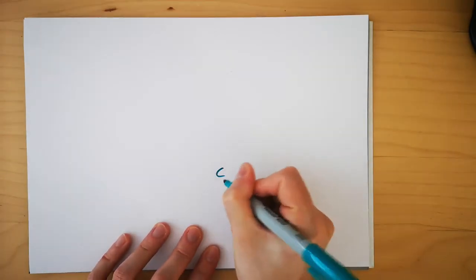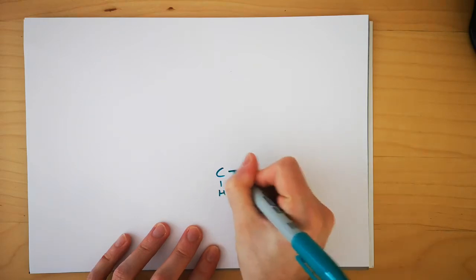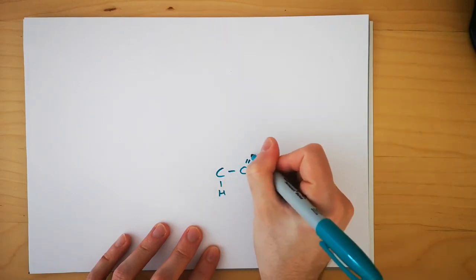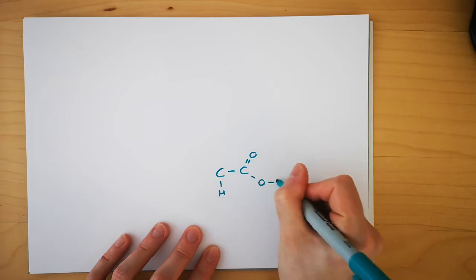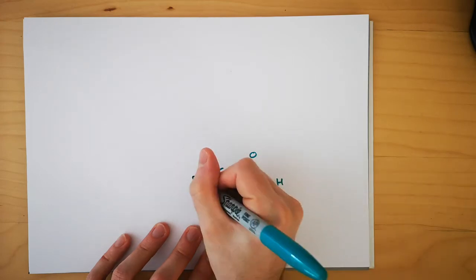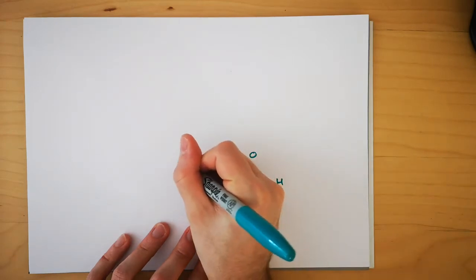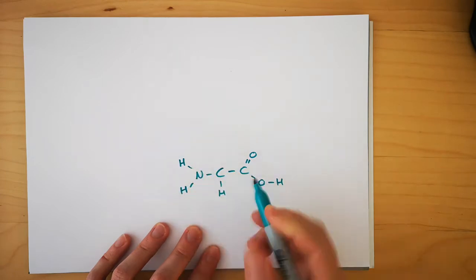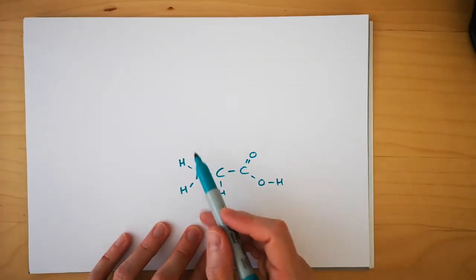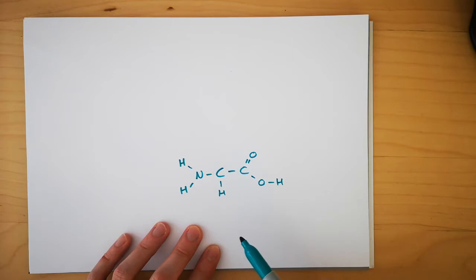So I'm going to start with my central carbon and put a hydrogen there. I'm going to put my carboxyl functional group here, and I'm going to put my amino group here. And that's how you know it's an amino acid. An amino group here and an acid group here.